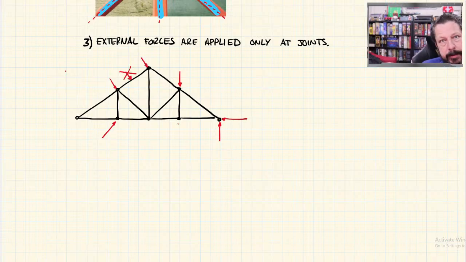But I can't put it directly on the member and use the analysis procedures for a truss. In the real world, I can put a force there. I just can't use the procedures that I'm going to use today to analyze it. I couldn't hang one off of the middle there. That's not allowed in the analysis. I can do it in the real world. I just can't use the truss analysis methods to solve that problem.